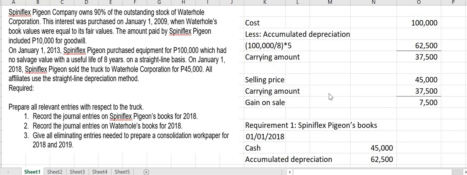Take note that this is a downstream transaction, because the selling affiliate is Spaniflex, which is the parent, and the buying affiliate is Waterhole, which is the subsidiary. The first requirement is to record the transaction in the books of Spaniflex, the selling affiliate.